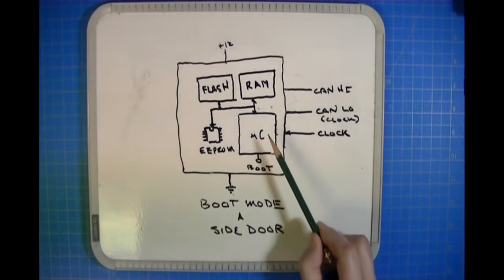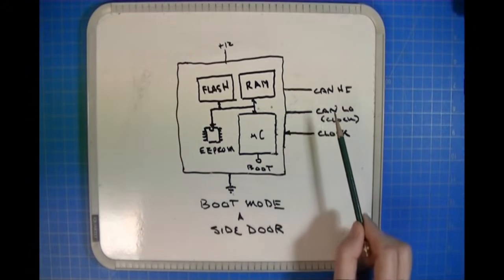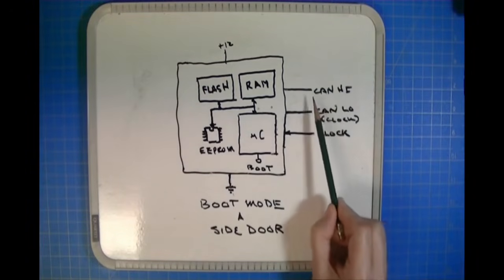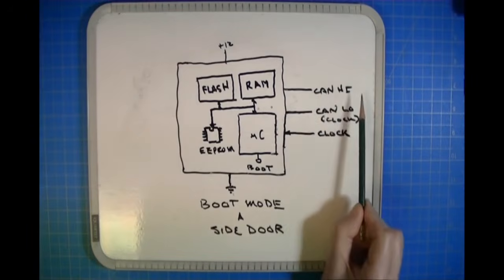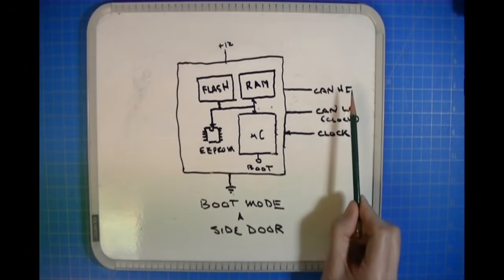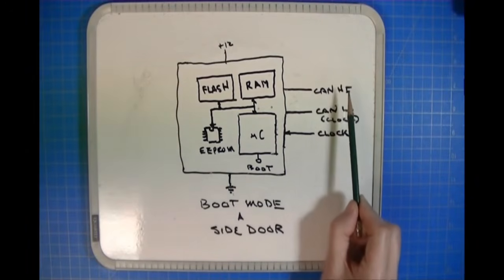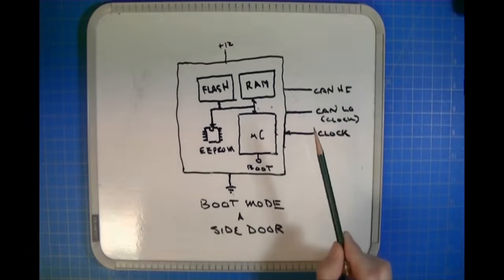Once the processor is in boot mode, it will start looking to see if data is coming in. In this case, the CAN lines are typically how this is done. These are not CAN bus commands. These lines transform themselves into basically transmit and receive pins.